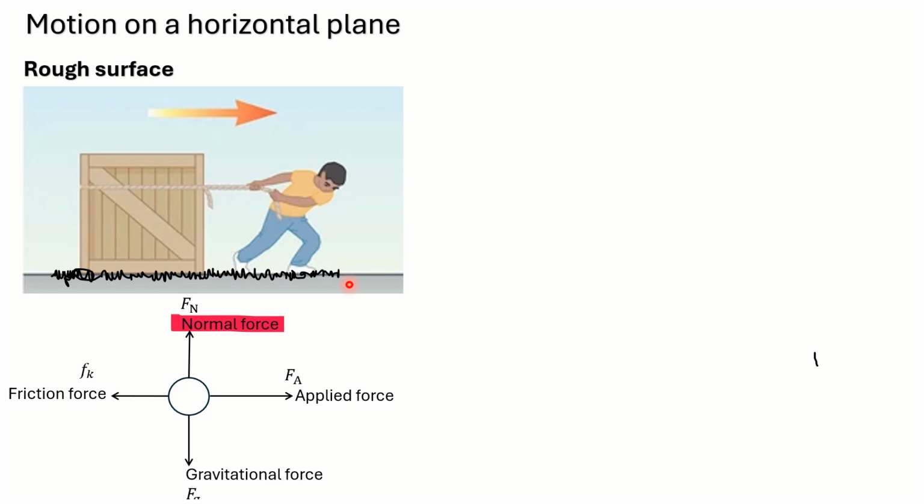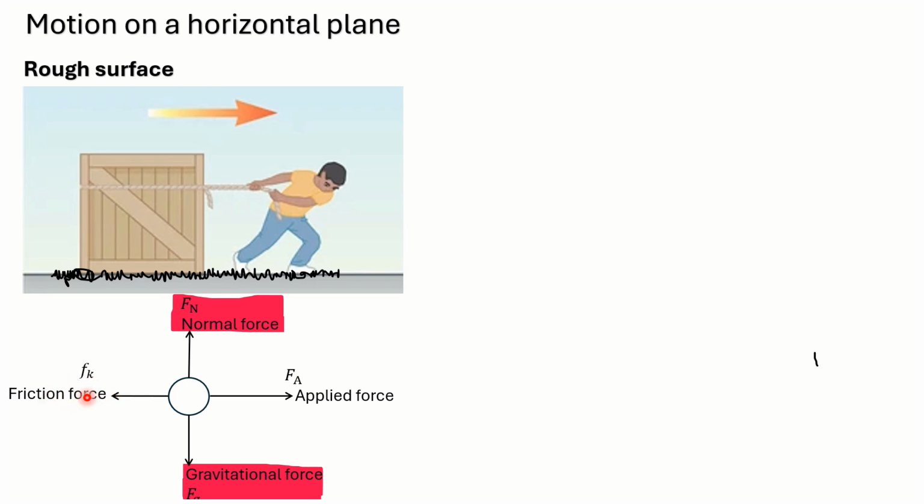Now, the normal force and the gravitational force are equal, and the direction of the motion of this box is going to the right, meaning that this box is not going up and down, and as such, the normal force and the gravitational force must be balanced or must be equal, indicating that the box is not going up or down.